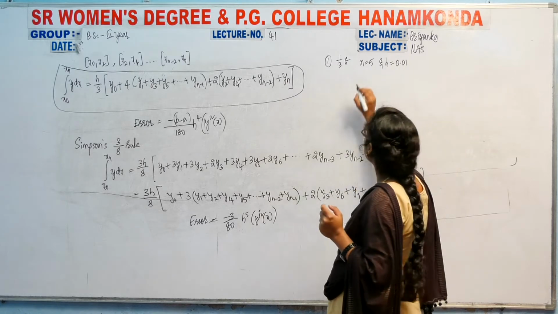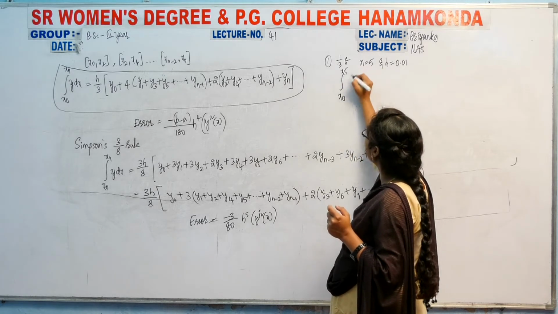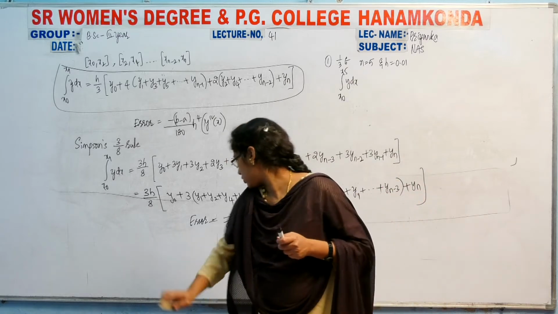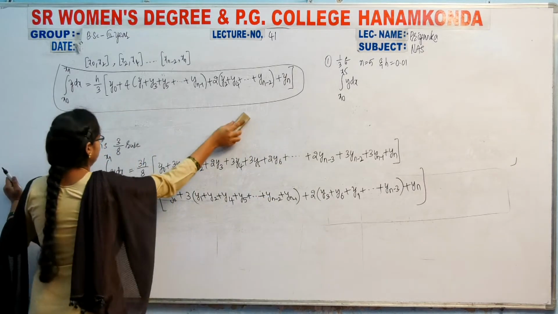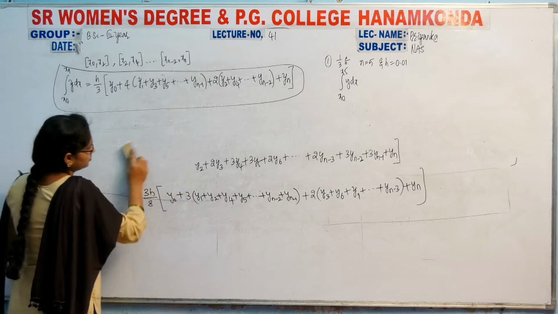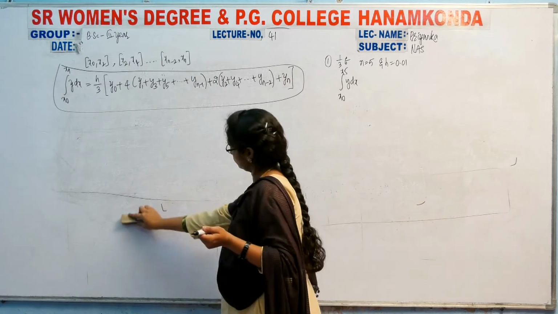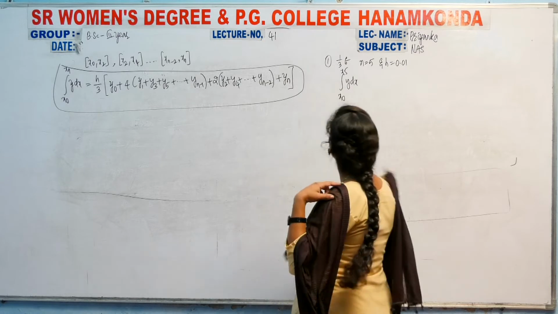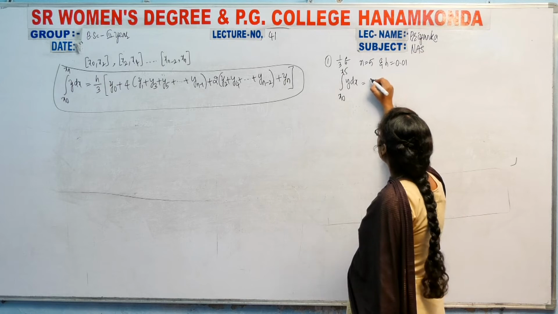Okay, next here, integral x0 to x5 y dx. Can I write this? Of course we can. Okay, so now here I have that integral y dx is equal to h by 3.